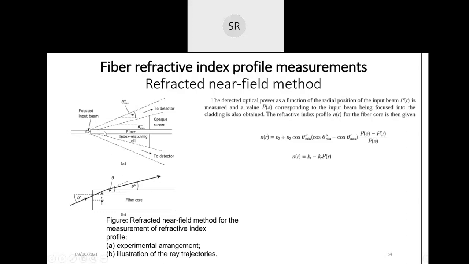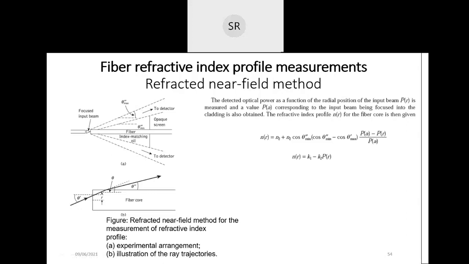Whichever light is propagating through the core of the fiber, and whichever light is propagating through the cladding of the fiber, that power is to be measured here, because power is a function of the light propagating through the particular fiber.